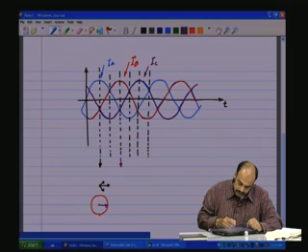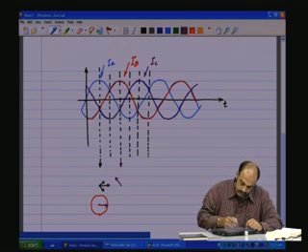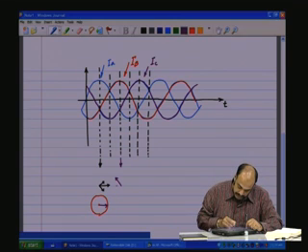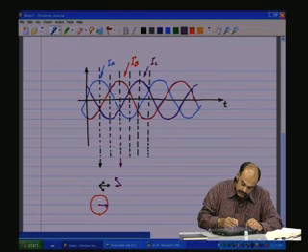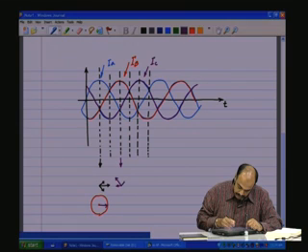Here you have B as maximum positive, so I will put it as maximum positive here like that. A is negative half, and you also have C which is negative half.